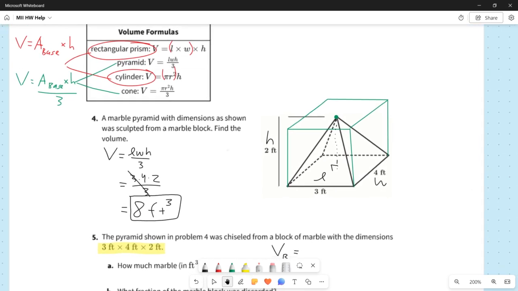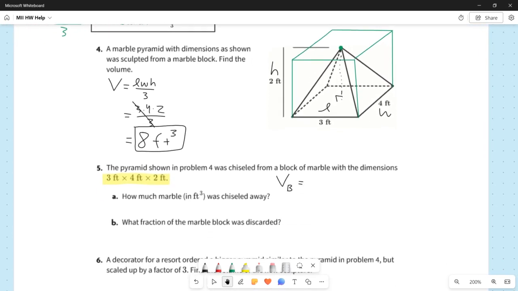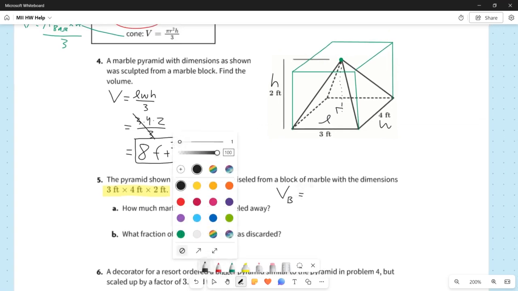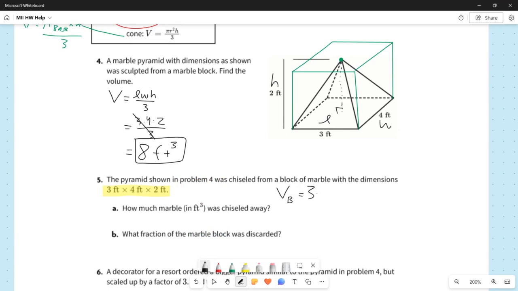This is the area of the base times the height. So the volume of the block is simply 3 by 4 by 2. We multiply them all together, and I get 24 cubic feet. That's the volume of the original block.